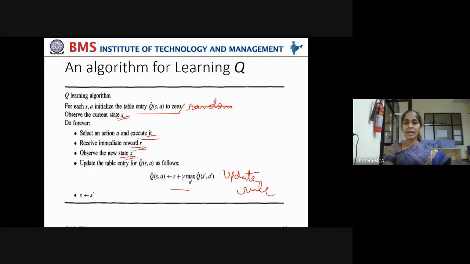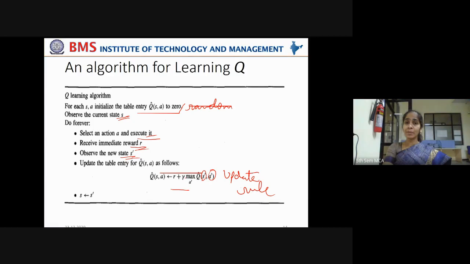What does this update rule say? Q cap of SA should be modified in accordance with the new reward R given plus the discount factor multiplied by the maximum cumulative value of Q in the sequence of steps taken, that is Q cap S dash A dash, the cumulative reward value encountered for moving to S dash by taking action A dash.